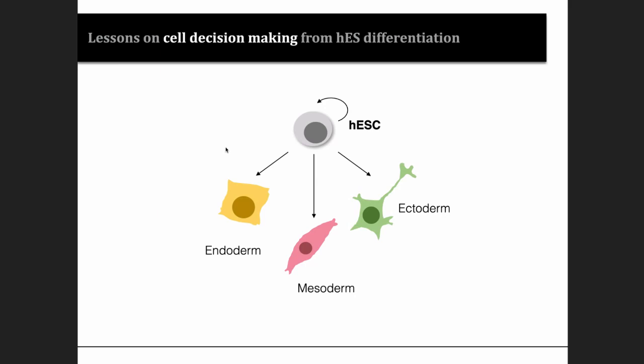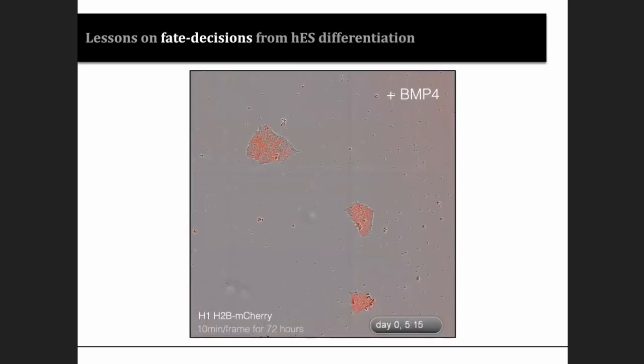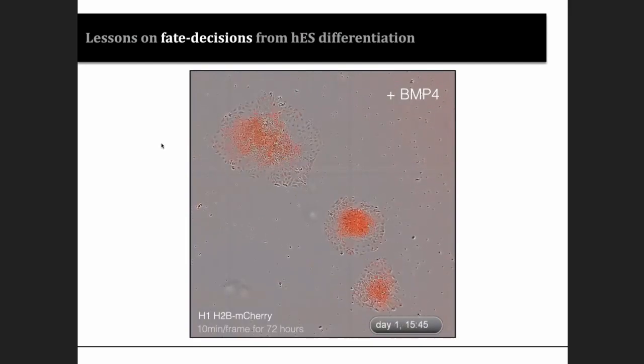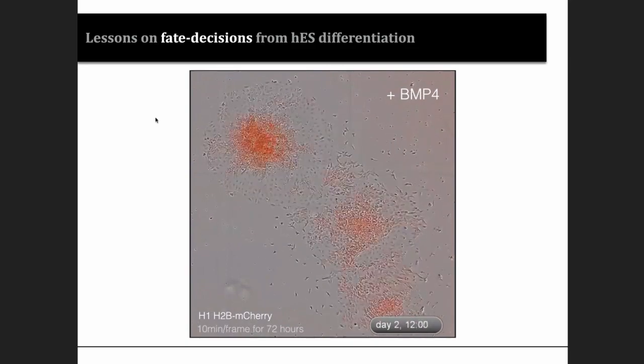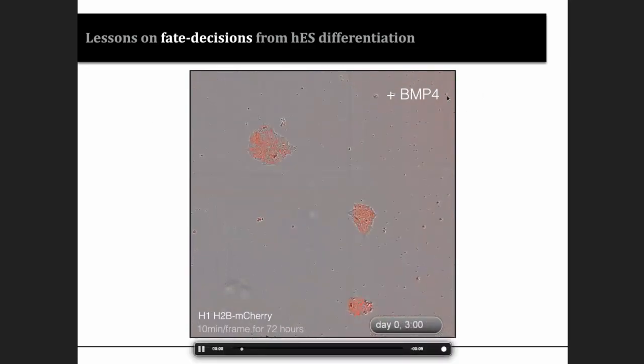They are incredibly trackable and a fantastic system to understand how cells compute decisions and give rise to early fate choices during human development. Now, the model we use in the lab is mesendoderm differentiation of human embryonic stem cells, and this is driven by one molecule called BMP4.